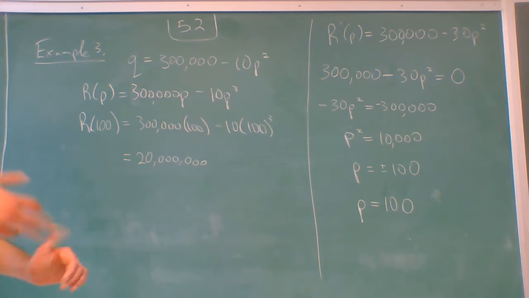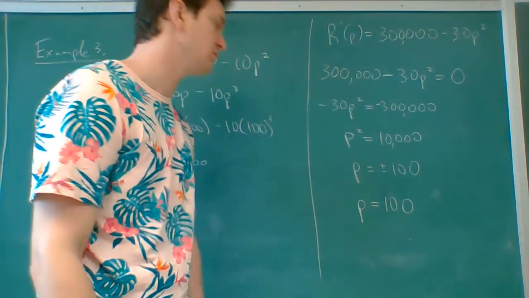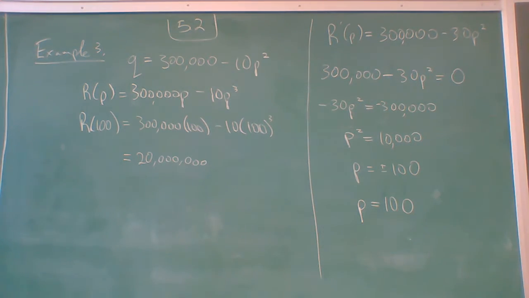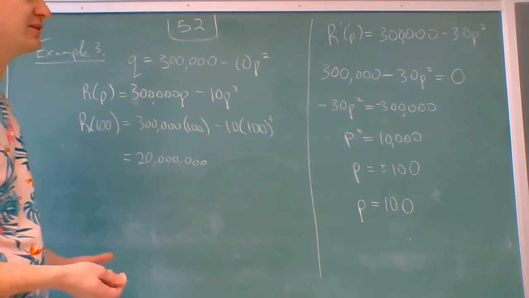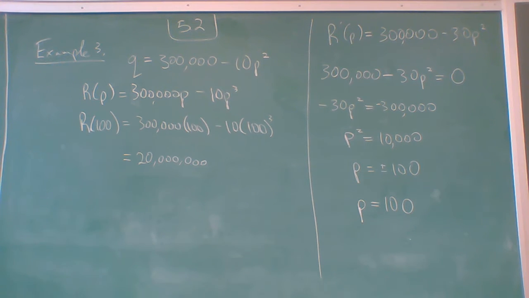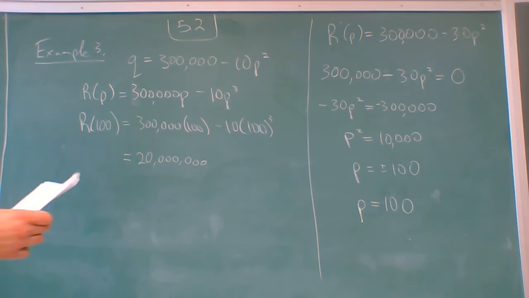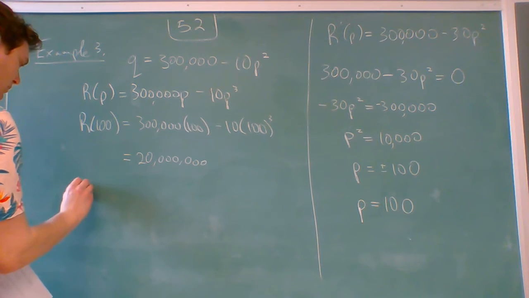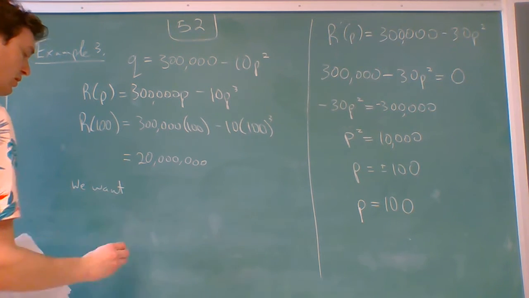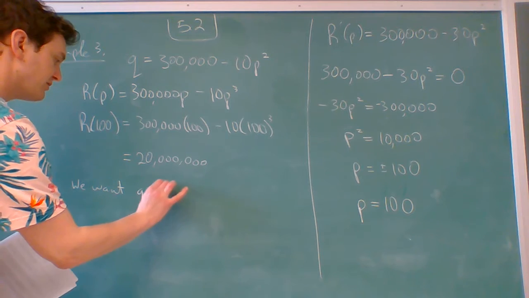Now, let's think about the domain of this revenue function. Clearly, we want P to be greater than 0. We don't want to charge negative money. Also, we want Q, our quantity, to be greater than or equal to 0.